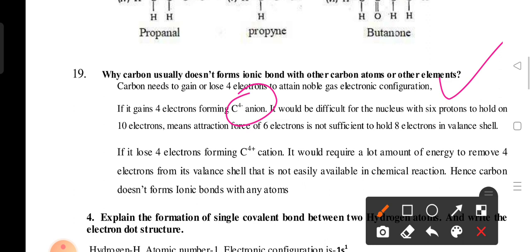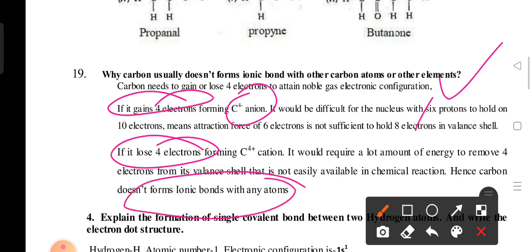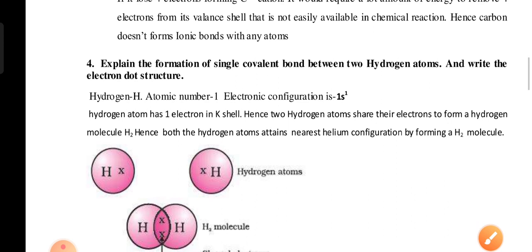If it loses 4 electrons, C4+ cations are formed. It would require a large amount of energy to remove 4 electrons from its valence shell, which is not easily available in chemical reactions. Hence, carbon doesn't form ionic bonds.